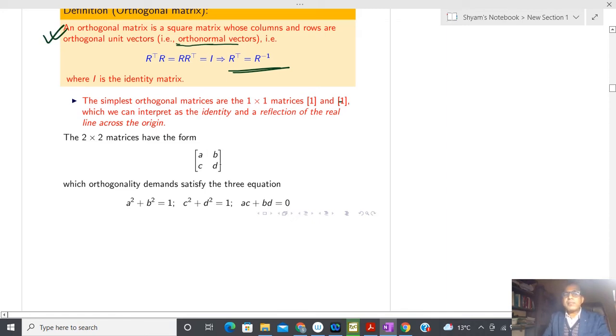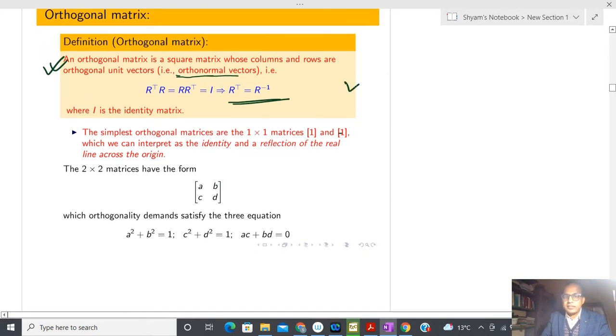In 2 dimensions, I am assuming that I have a square matrix with entries a, b, c, d. Now I am going to construct a matrix which will satisfy this definition.